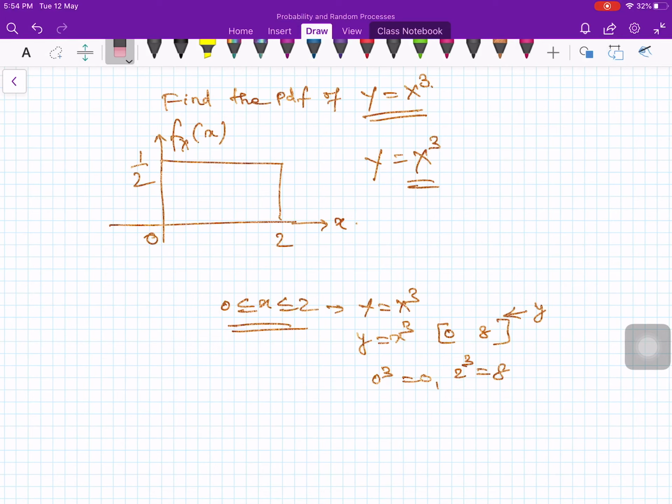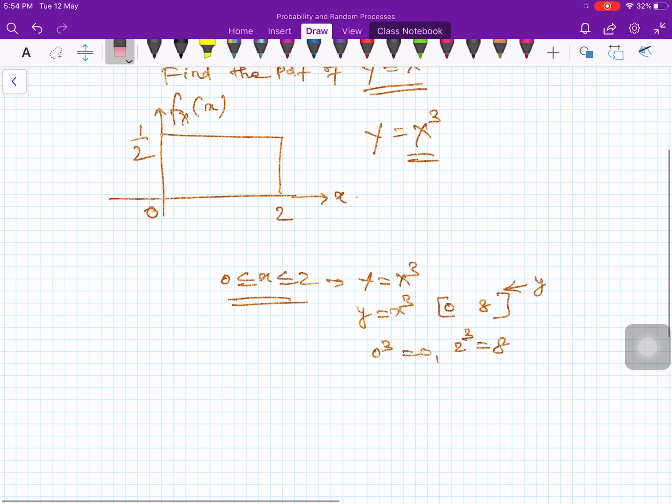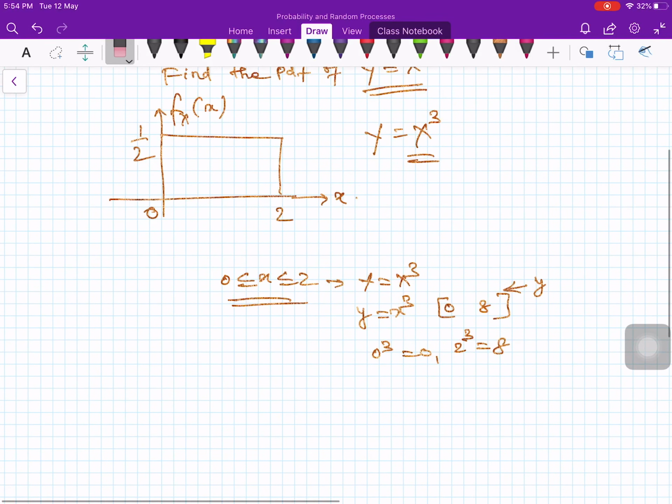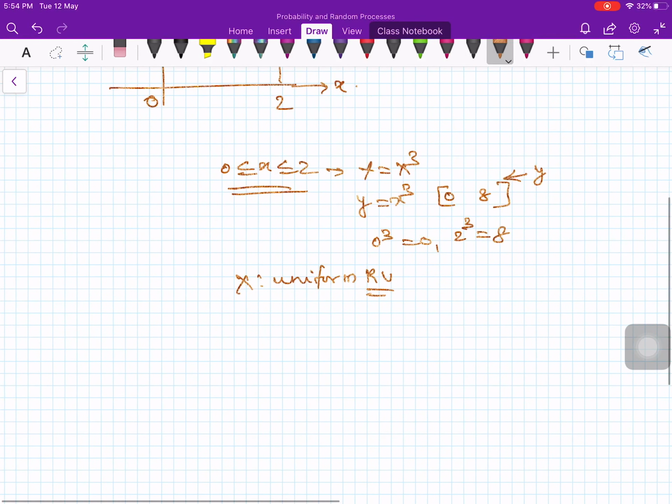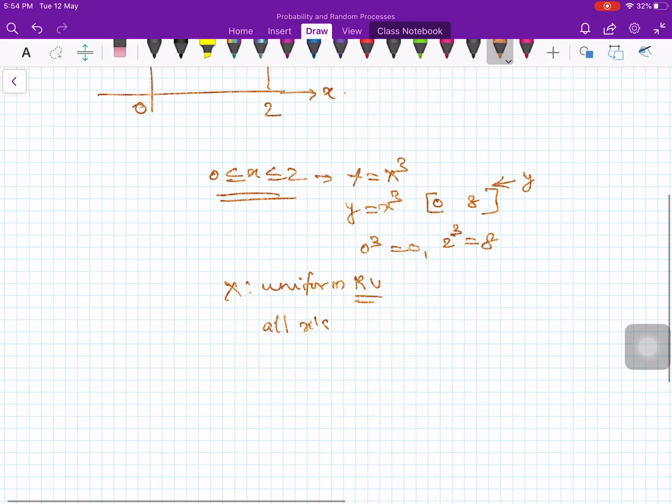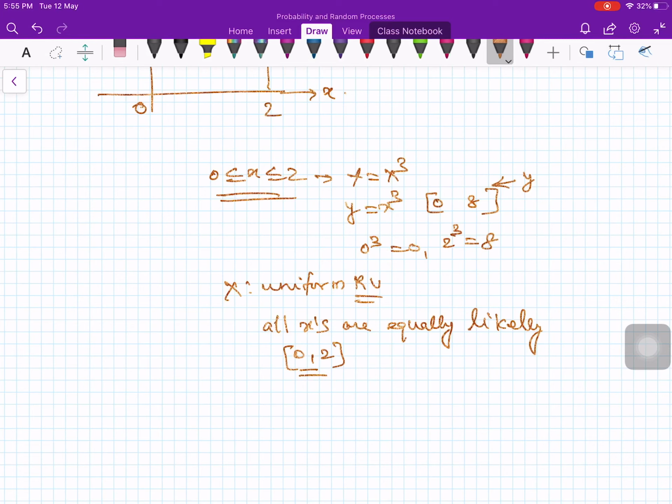Since x is uniform, all the x's are equally likely. When I say x is a uniform random variable, that means all x's in the interval 0 to 2 are equally likely.